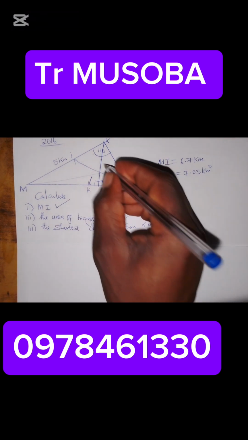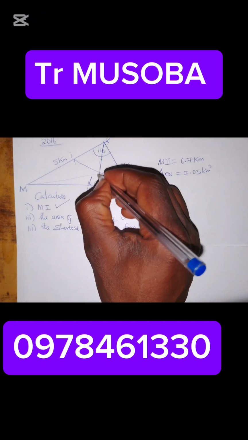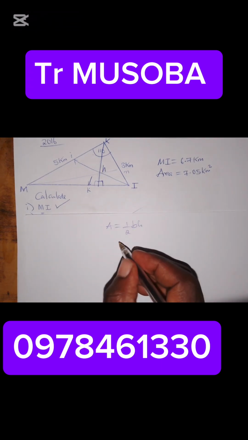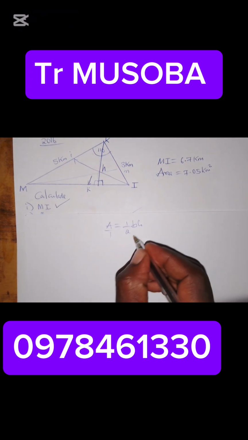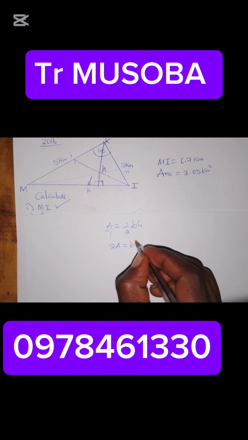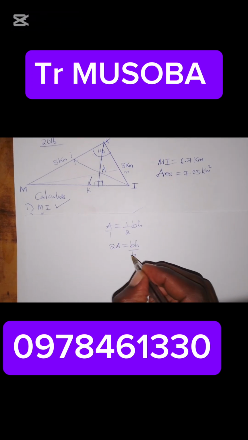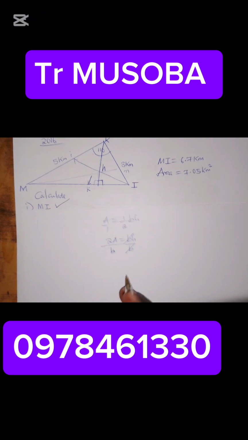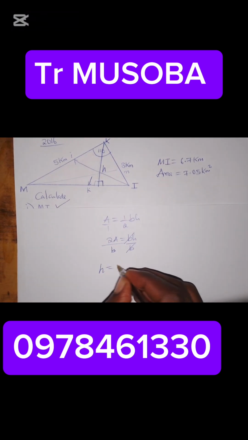So our focus is here. This is the height. Now you say over 1, you cross multiply. You're going to have 2A is equal to BH. We divide by B, which is the base. Now, H is equal to 2A over B.